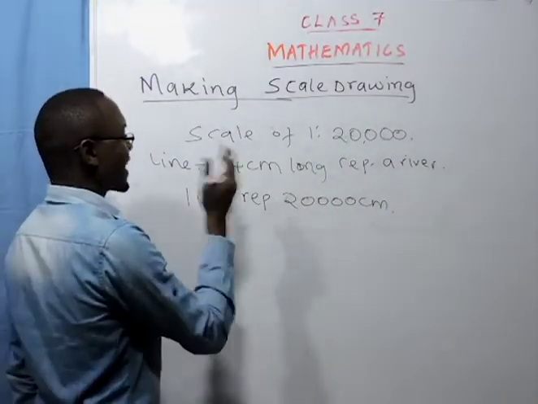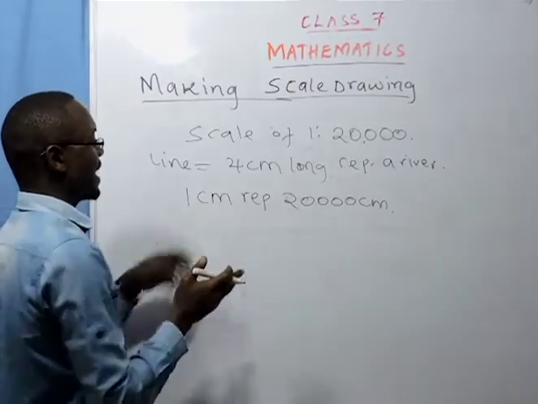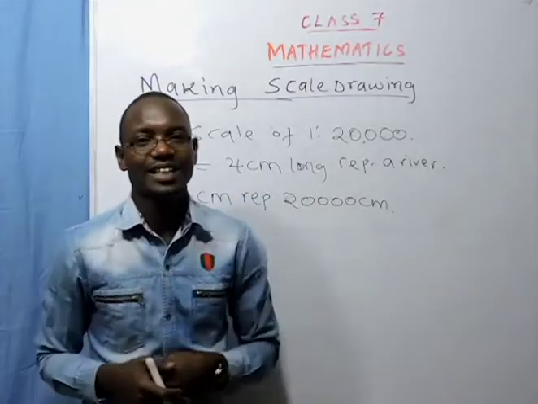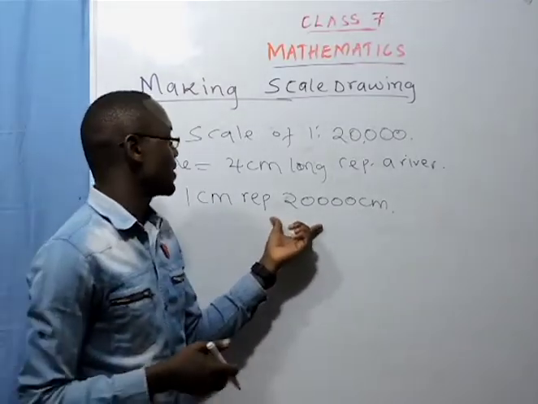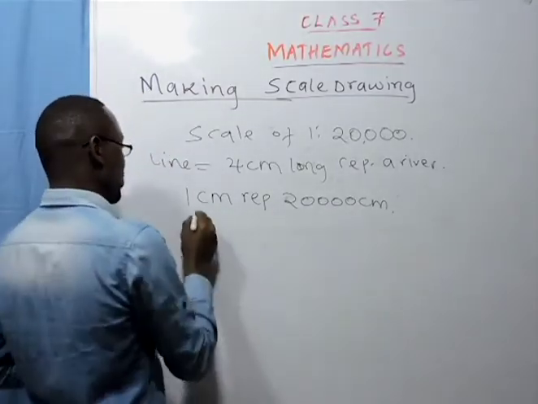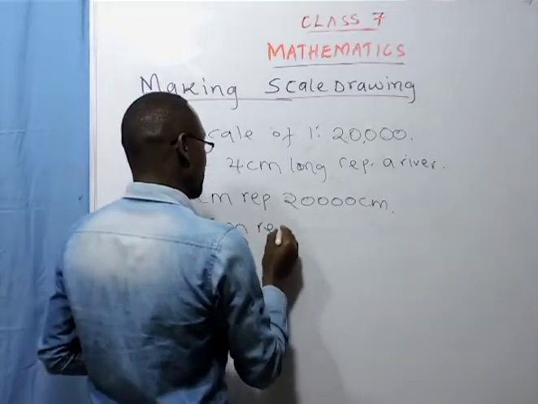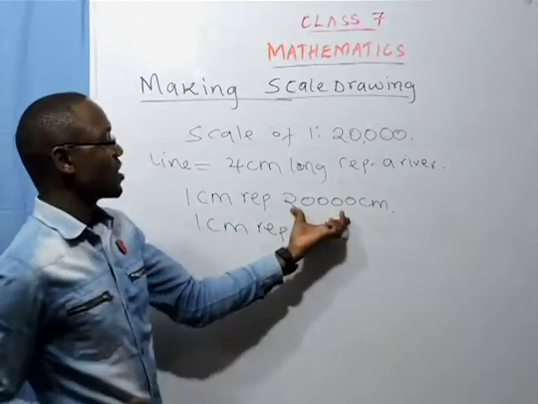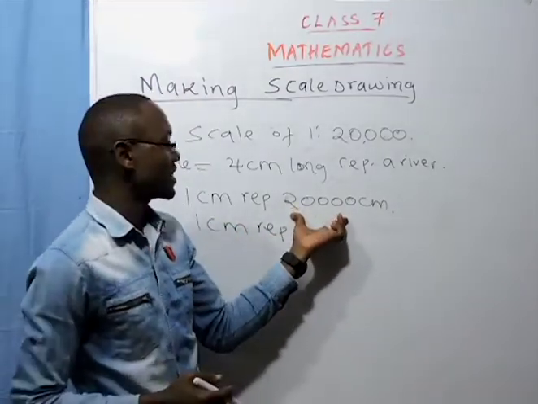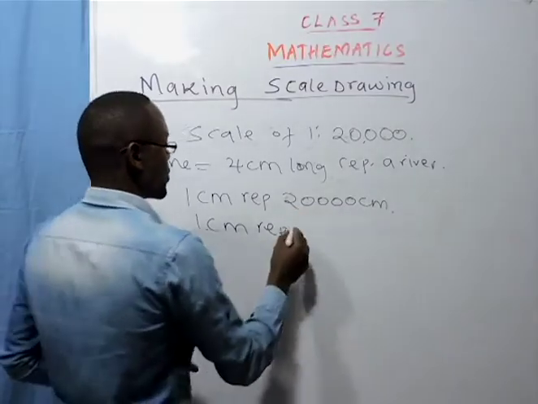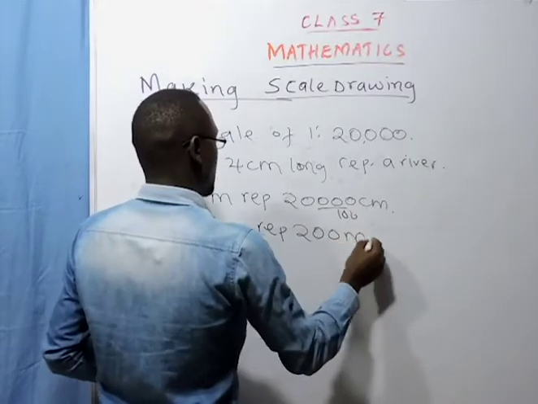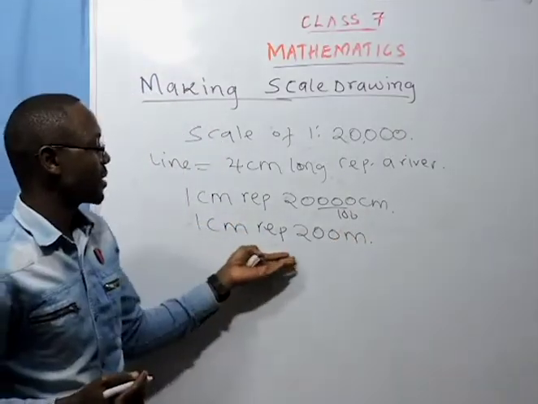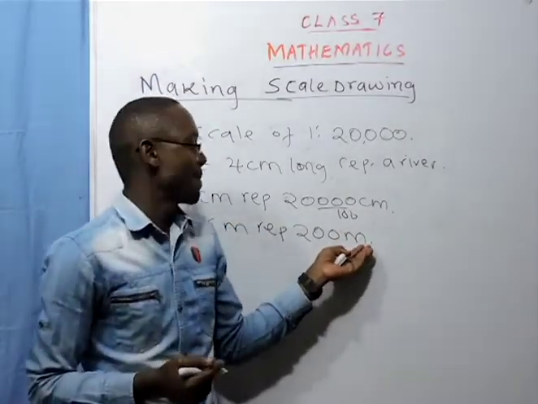So if 1 centimeter represents 20,000 centimeters, 1 centimeter represents how many meters? Convert 20,000 centimeters to meters. We divide by 100. So our scale will be 1 centimeter represents 200 meters.